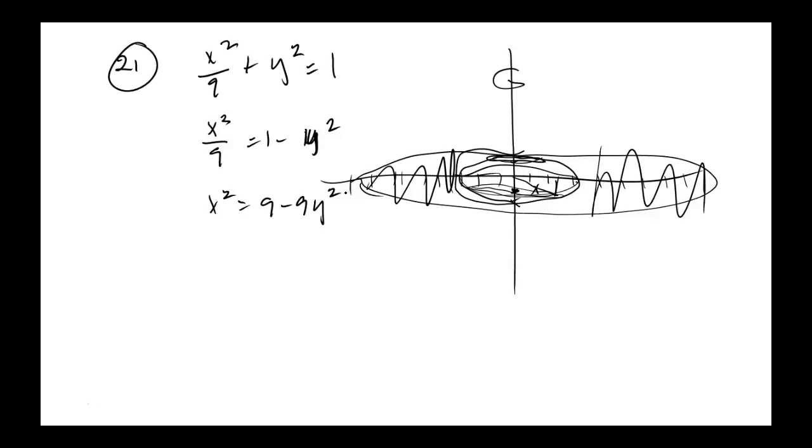So x then is equal to the square root of 9 minus 9y squared, which leads me to, you pull out a 3, which is 3 times the square root of 1 minus y squared.